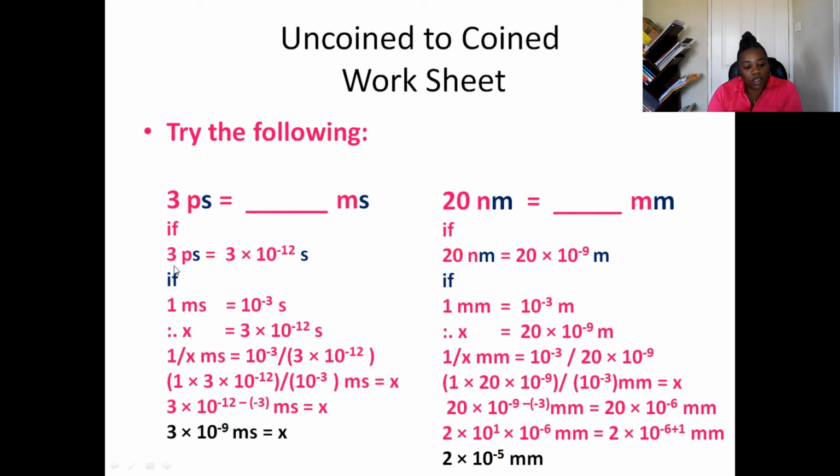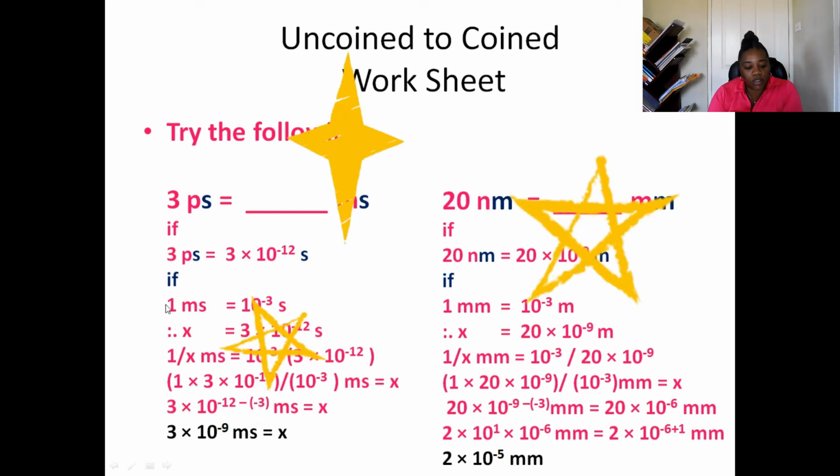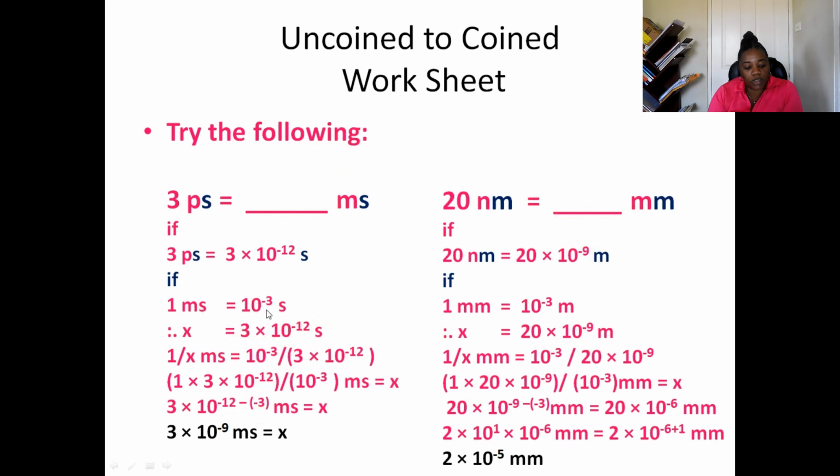Yes, so you say if 3 picoseconds is equal to 3 times 10 to the negative 12 seconds, then 1 millisecond is equal to 10 to the negative 3 seconds. We could equate, therefore x is equal to 3 times 10 to the negative 12 seconds. Right? And so from there, we put them in fraction form, leaving the unit that we need, because these units would have cancelled out. And we were able to find our answer.